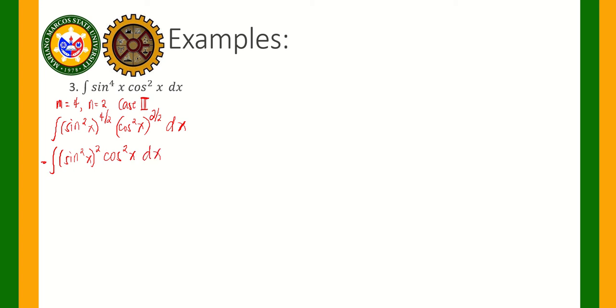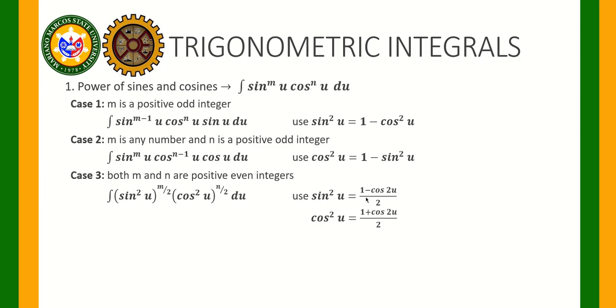And now, we expand this one as well as ito. So, this will be equal to the integral of, ano ba yung expansion nito according to case number 3? That is this one. 1 minus cosine 2u over 2 for sine squared u. For cosine squared u naman is 1 plus cosine 2u over 2.